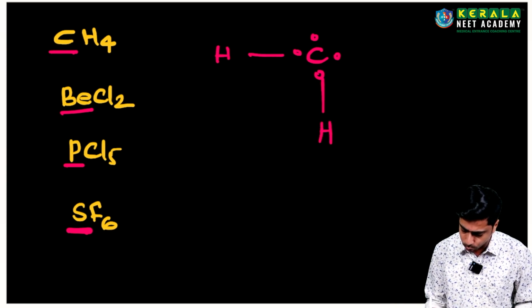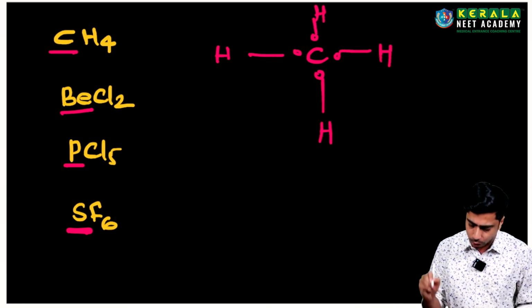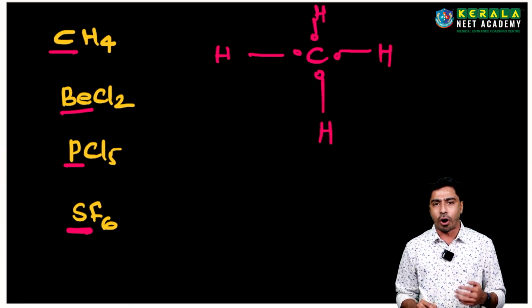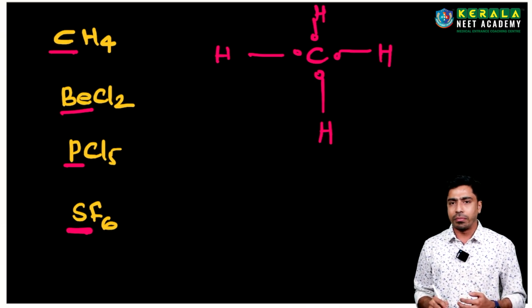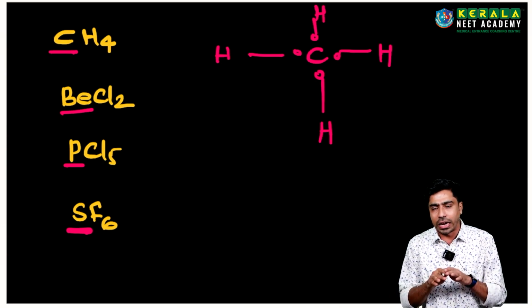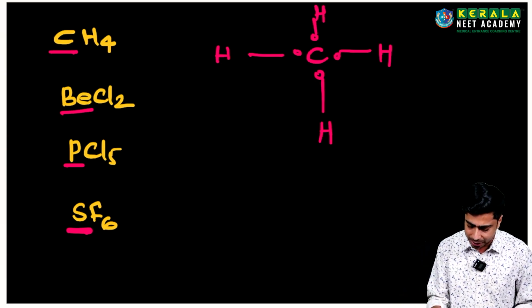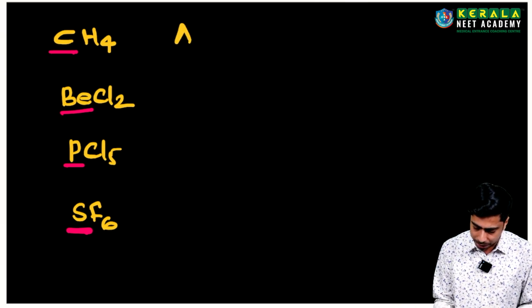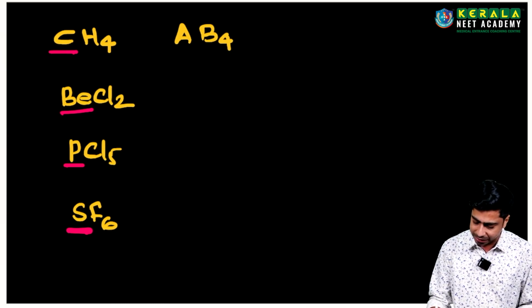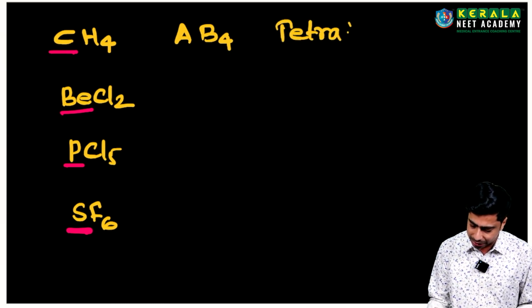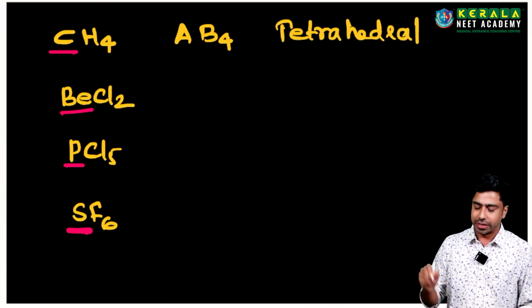So 1, 2, 3, and 4, 4 single bonds. After bonding with the carbon atom, there is no valence electron left. All the electrons are now utilized. So it is AB4 type, which means the shape will be tetrahedral.